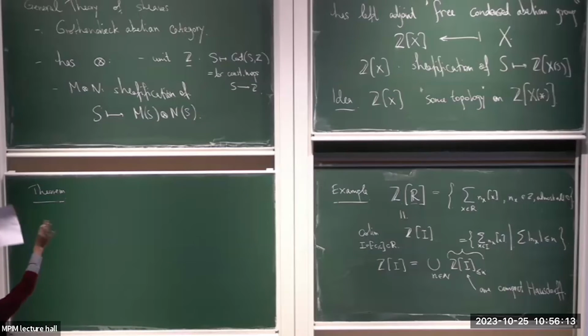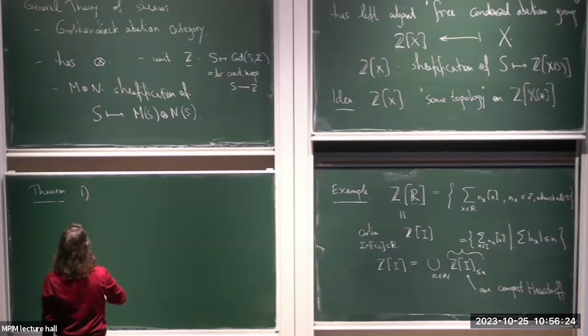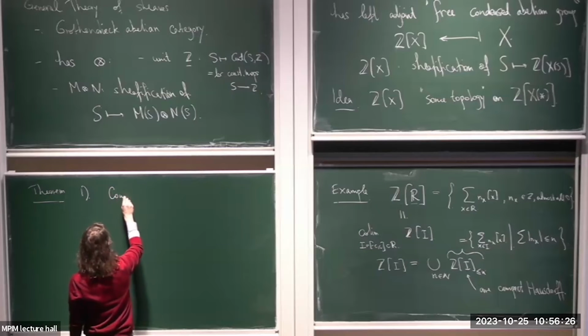So these are general features, and now I want to mention a few features that are quite specific to this light condensed setting. The first thing is that countable products are exact.